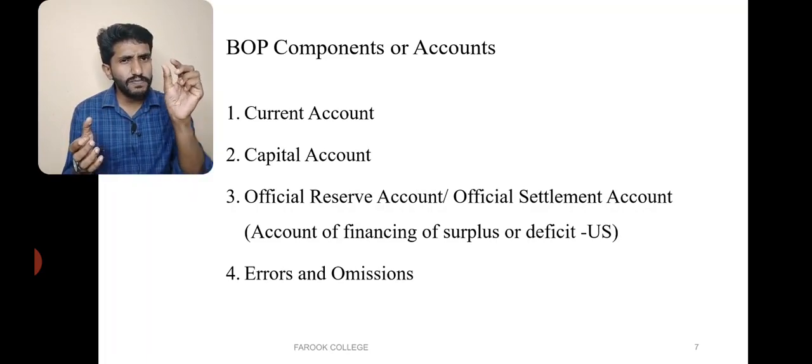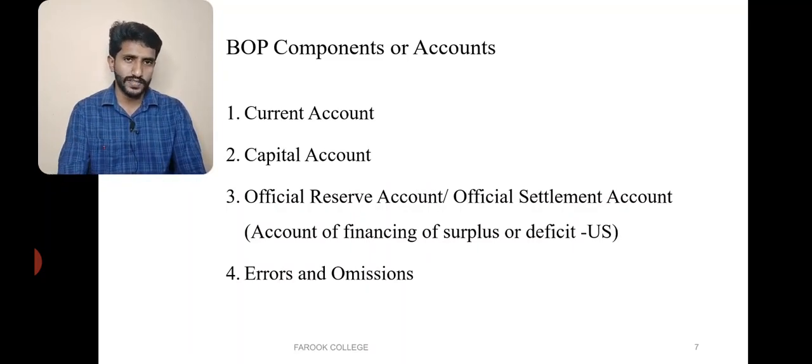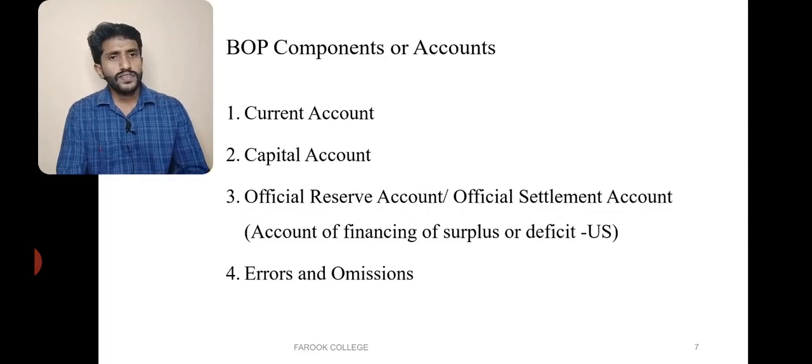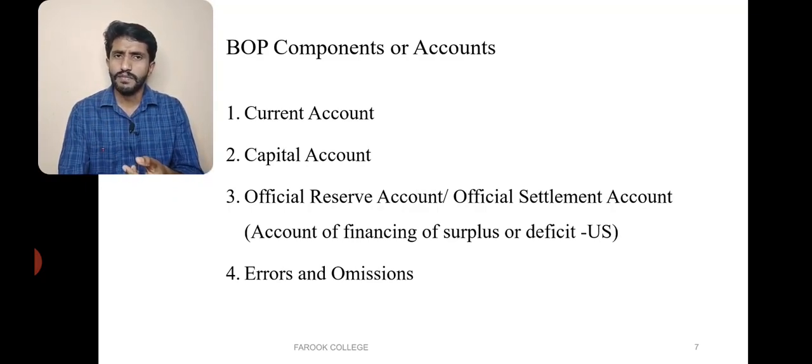So for adjustment purposes, we might include some debit or credit items in errors and omissions. That is all about errors and omissions.